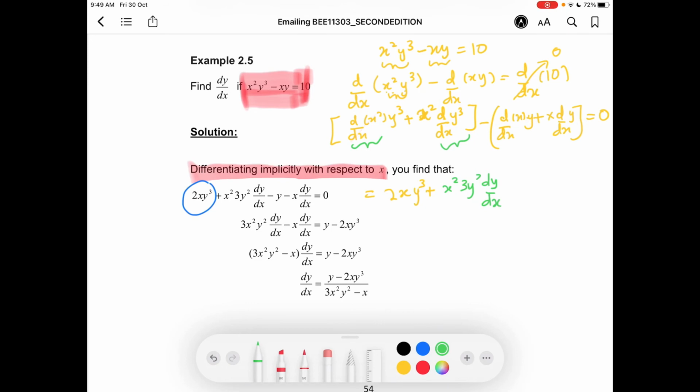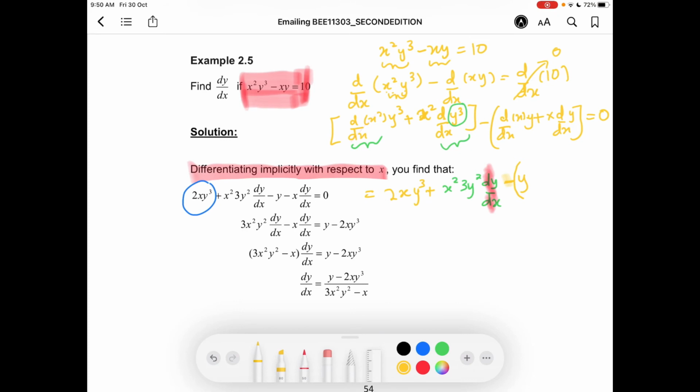Remember I told you previously, when we differentiate the y term with respect to x, you need to tag along or multiply with dy/dx. So minus, we differentiate x here, we get 1, so what's left is y.